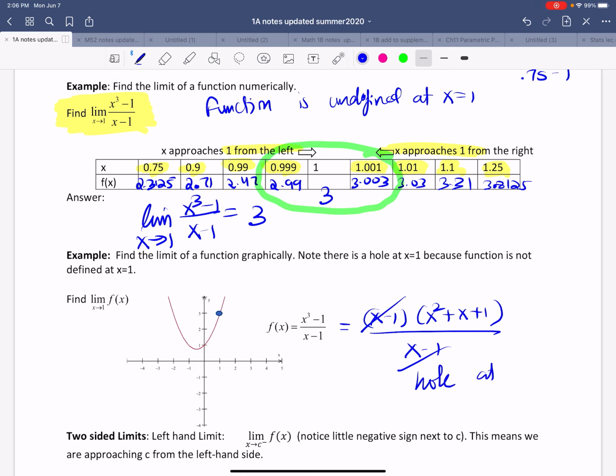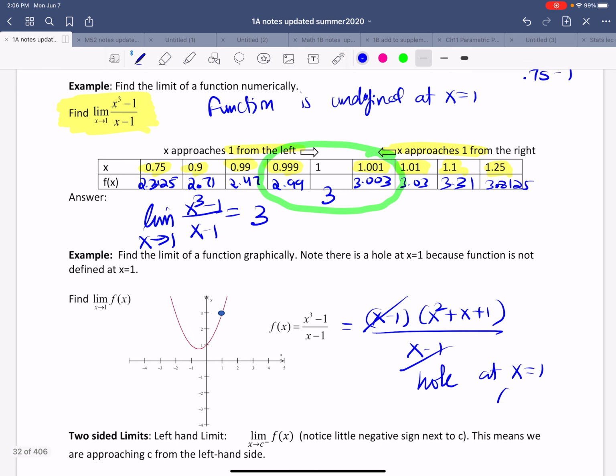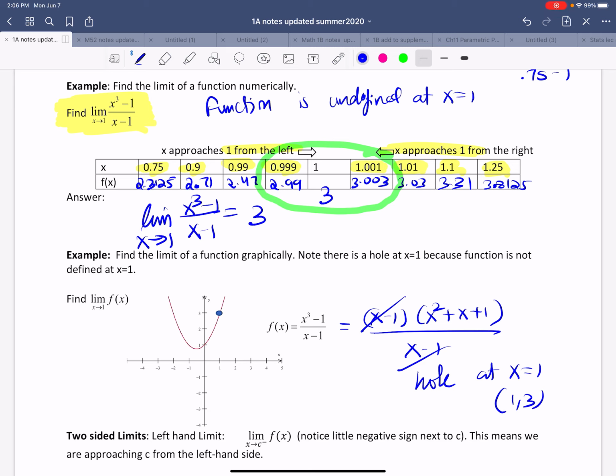There will be a hole at x equals 1, and so the hole would be at 1 and 3. There is the hole over here. So there's my hole in the graph, and I have graphed x squared plus x plus 1. All right, so now let's take a look. What value does y get really, really close to when x is getting really, really close to 1?